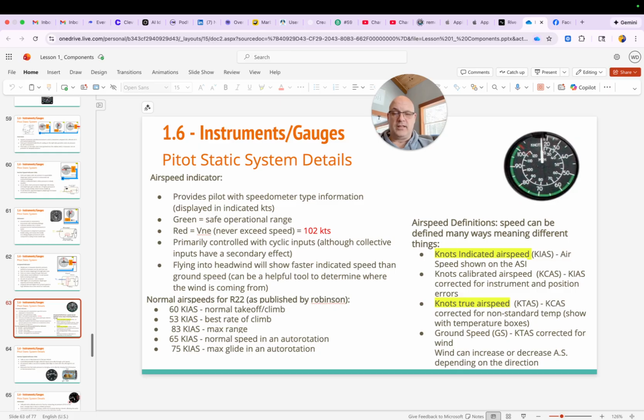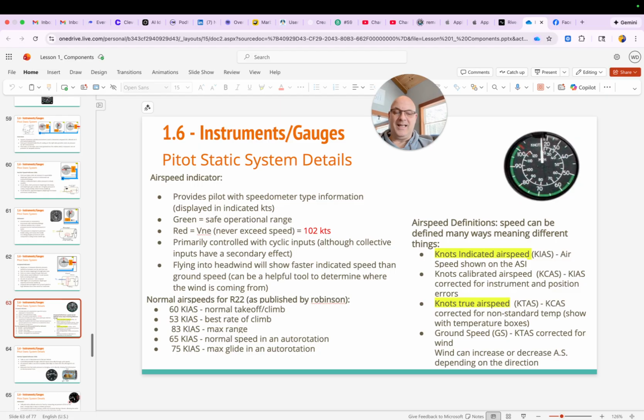Now, I want to take a step back and quickly look at the airspeed definitions, because that is important and you need to take it into consideration. Interestingly enough, when you have digital instrumentation, like a G1000, this information is right in front of you. You will not have that per se with the steam gauges in your aircraft.